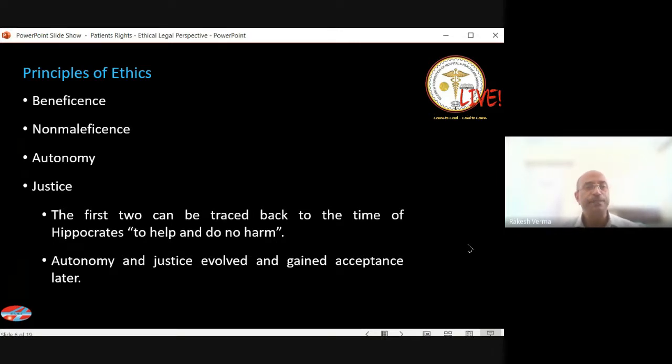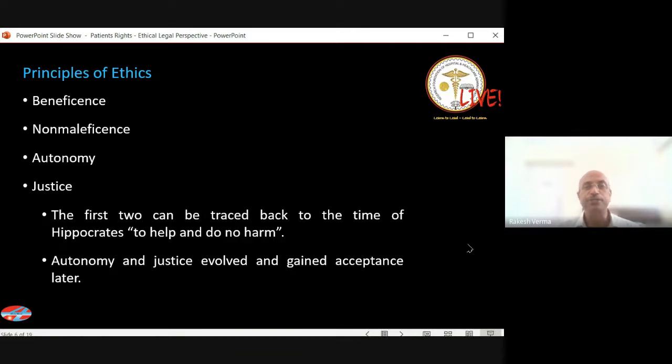The first 2 principles of ethics, beneficence and non-maleficence, have existed from the very beginning of modern medicine, and exist in almost every profession. The simpler way to put it is to help and not to do harm.